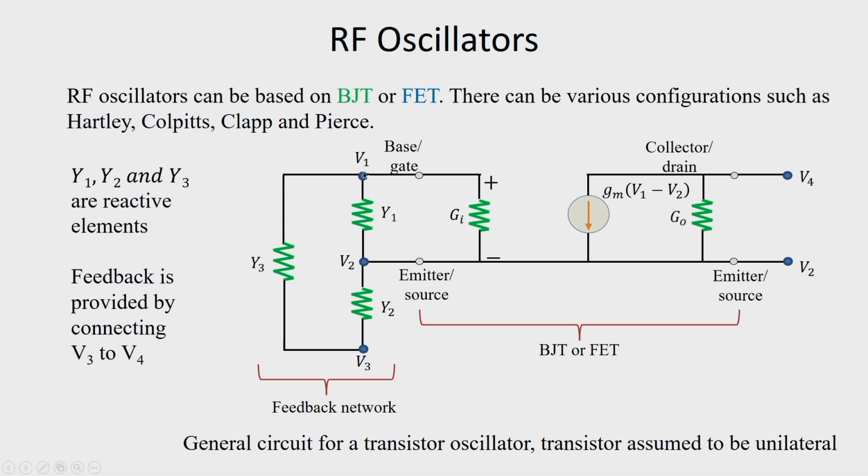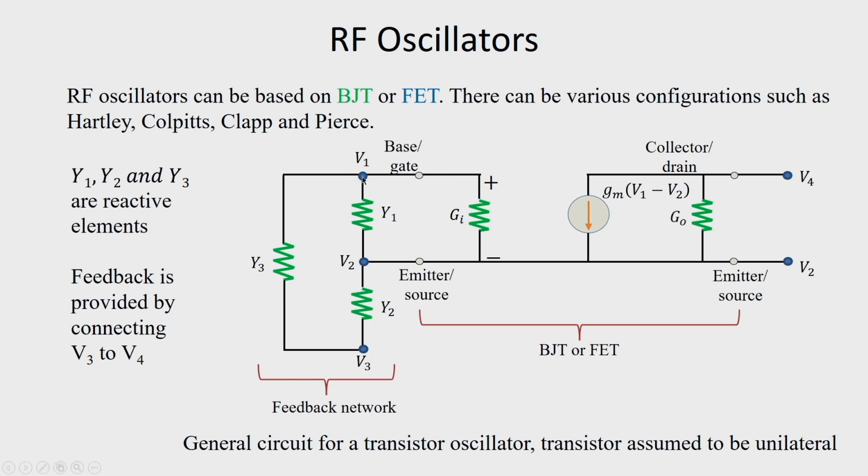Here if you consider this node, we can see that (V1 minus V2) into Y1, (V1 minus V2) into G I and (V1 minus V3) into Y3, sum of this must be equal to 0 by KCL.